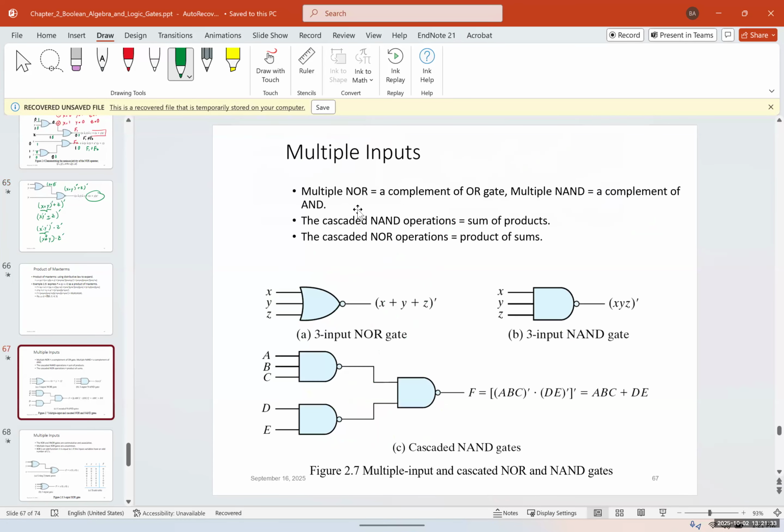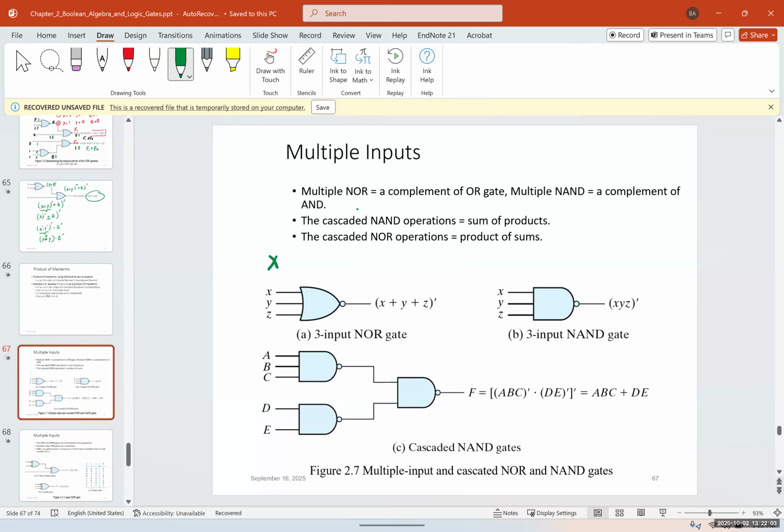Now, what if we have multiple NOR input gates, like what we have here? We have a complement of OR gates and multiple NAND gates, which is a complement of the AND gate. If we cascade the NAND operations, we get the sum of products. If we cascade the NOR operations, we get the product of sums.